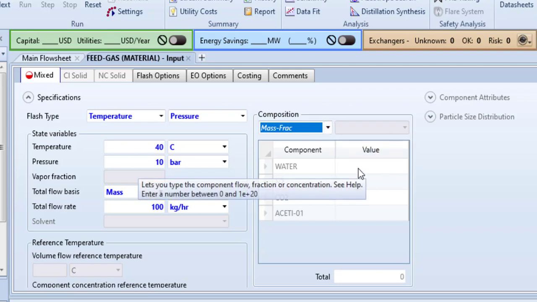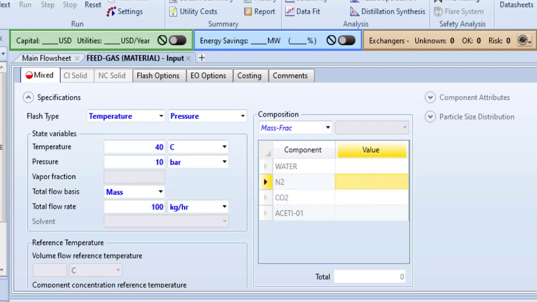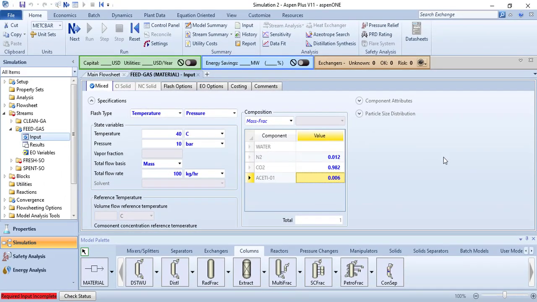There is no water present in the feed gas. The mass fraction of nitrogen is 0.012. For carbon dioxide we have 0.982, and for acetic acid we have 0.006. We are done with the feed gas.